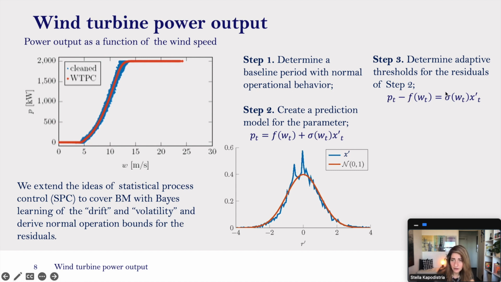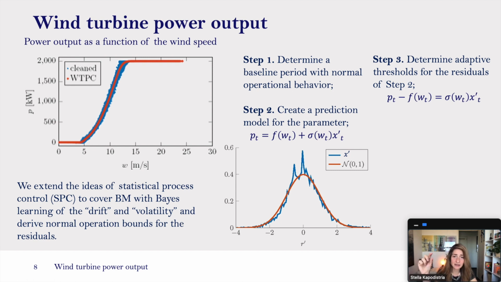This is based on the residuals, and of course we need to rescale the residuals according to the volatility. If that difference, what was actually measured minus what was predicted, is extremely big, then that is an indication that something is not working out.